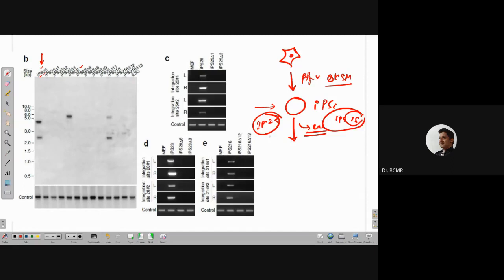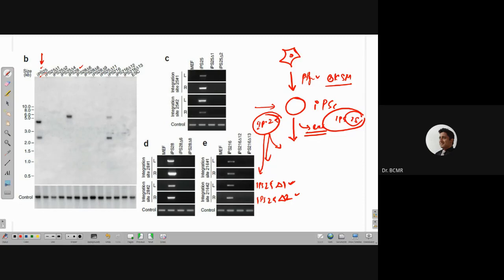In those, they excised the transposon, and then they got many colonies again, and they named them IPS25 delta 1, IPS25 delta 2, like that. Delta 1, delta 2 means this is the first cell line which is FIAU resistant. That means the transgene has been removed and it did not get integrated anywhere else.